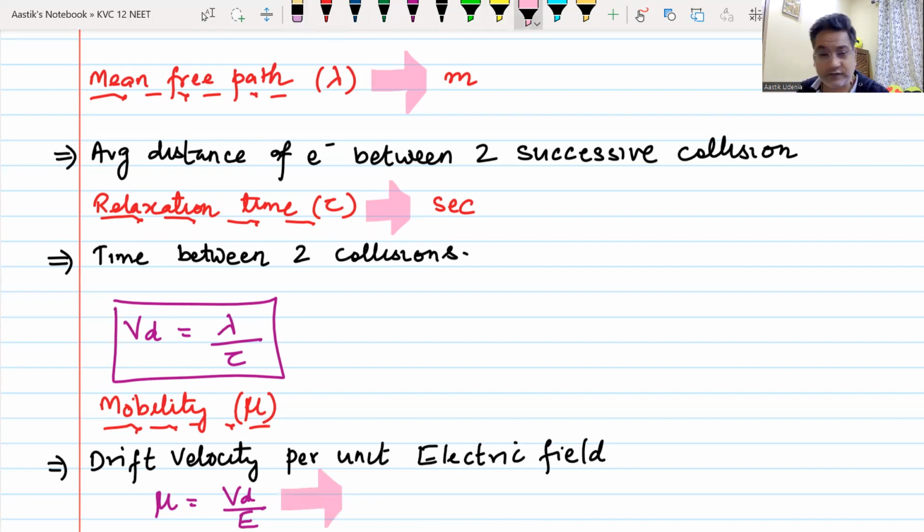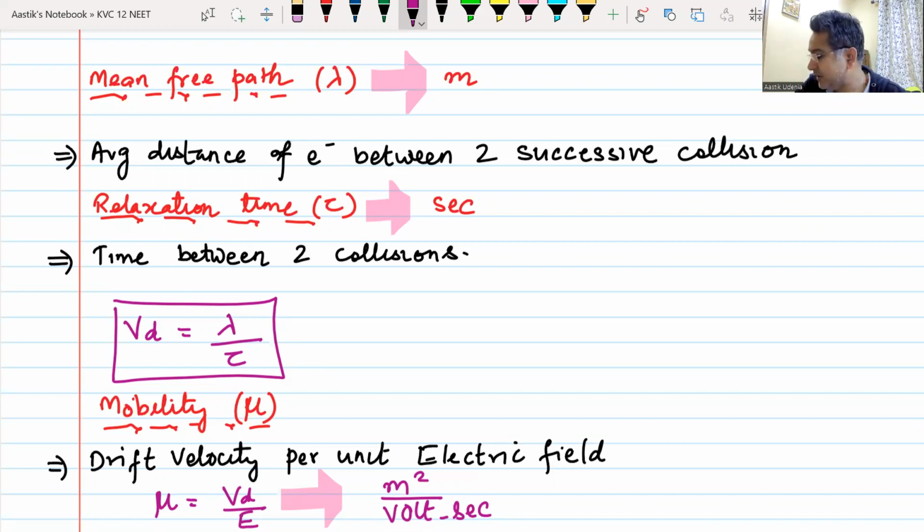And the SI unit of drift velocity is meter per second. I wanted you to find it out, but let me give you that. Meter square per volt second is the SI unit of mobility. Remember these things because they have been asked in your exam. I'll give you 2 minutes to note them down. Okay, so now we are done with writing.